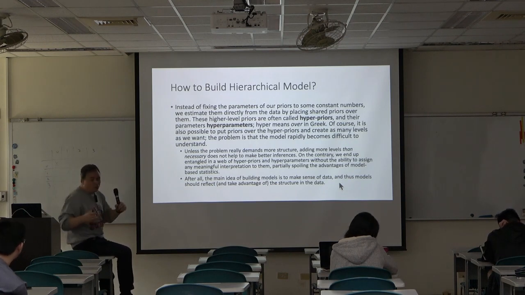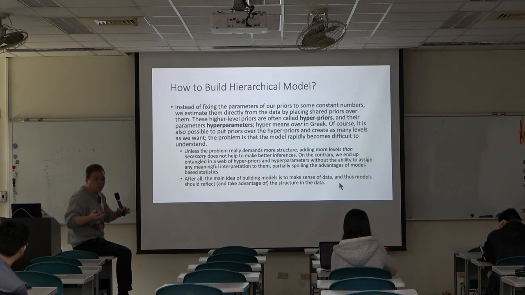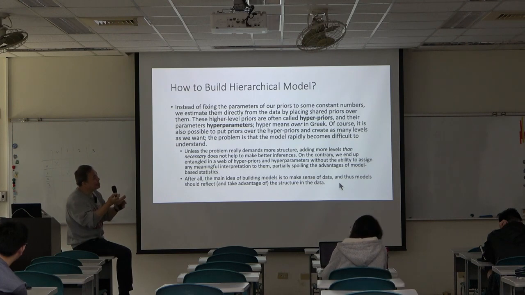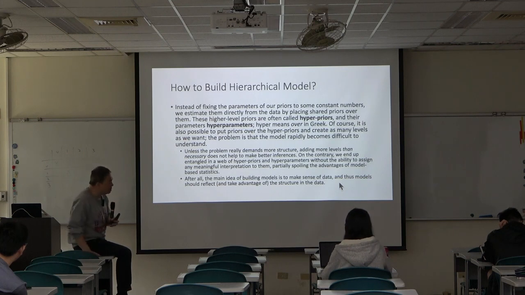Here we are telling you that we can have not only 2 levels, but 3 levels, 4 levels, as many levels as you want, because each level represents a layer in your problem. Like in this water quality case, one level can represent a neighborhood and another level can represent a city.